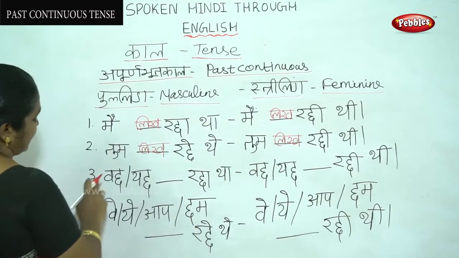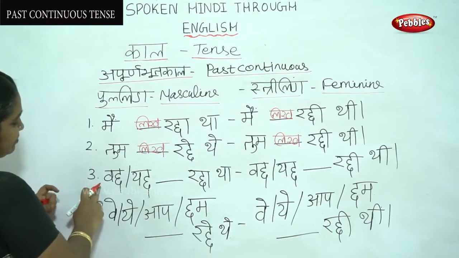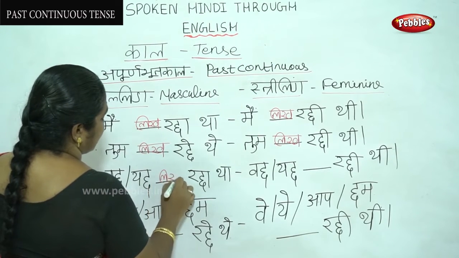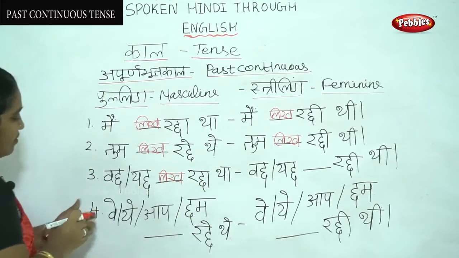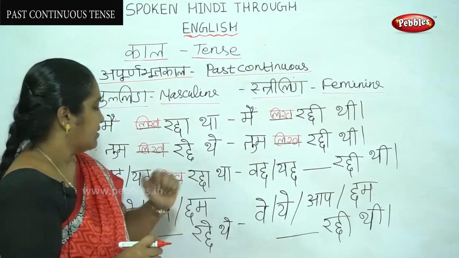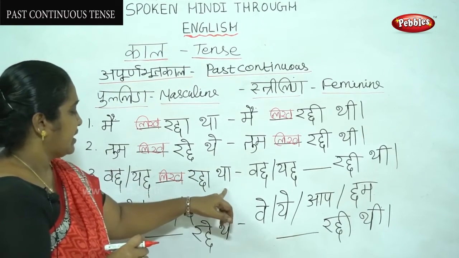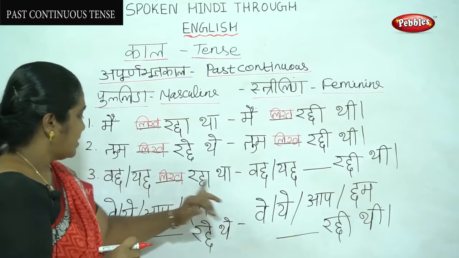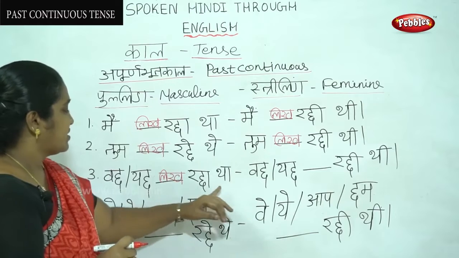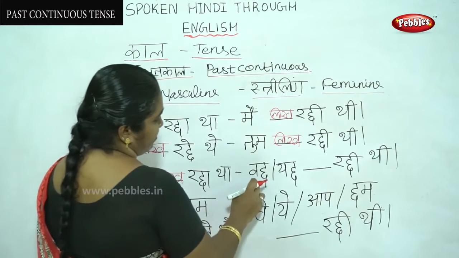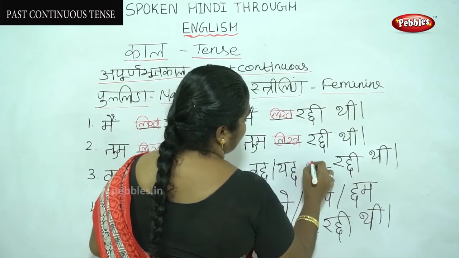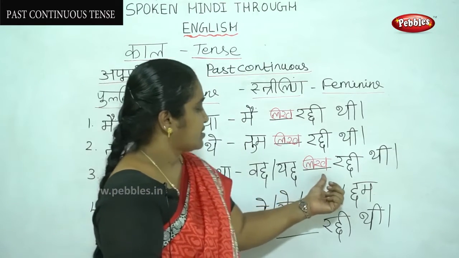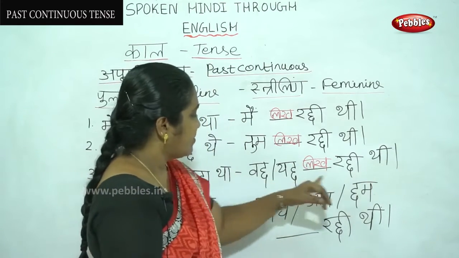Then the third is the third person, vah, yah. Here likh. Vah likh raha tha means he was writing. Here also, he was writing. Then here vah, yah, here also likh. She was writing.